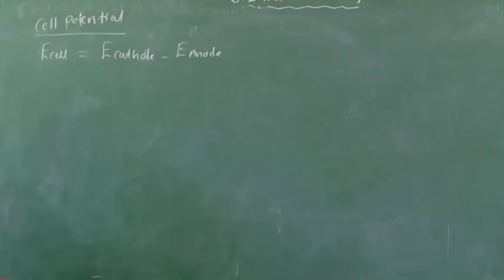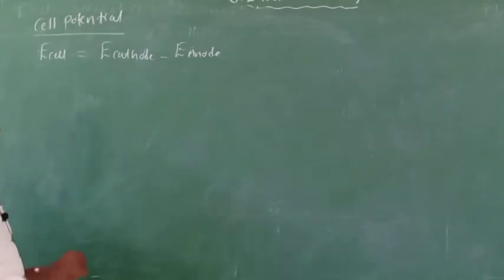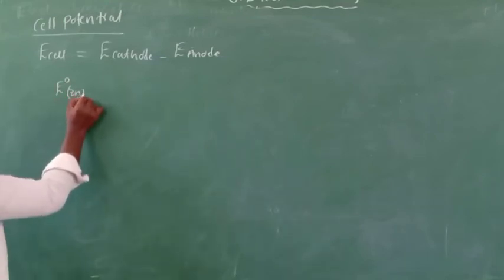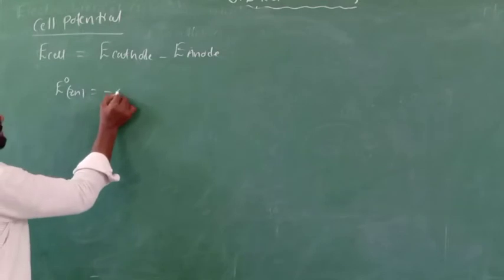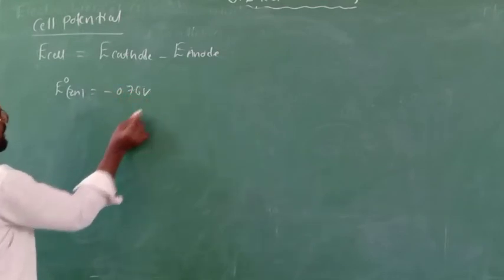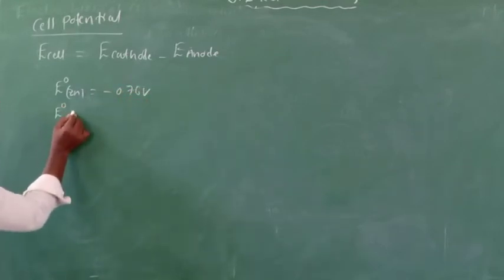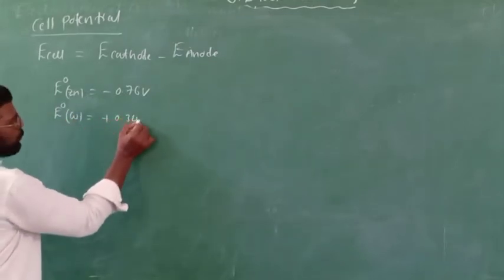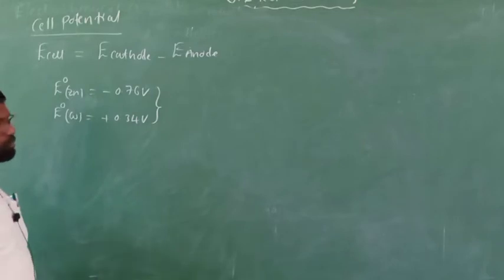Just for example, in the previous case we have taken zinc as anode, copper as cathode. The standard electrode potential of zinc is minus 0.76 volts, and the standard electrode potential of copper is plus 0.34 volts. These are the standard, known values.